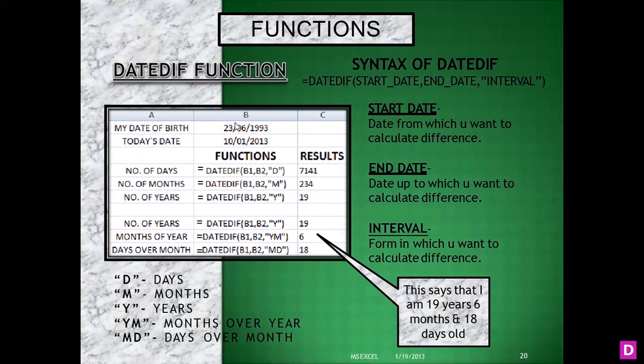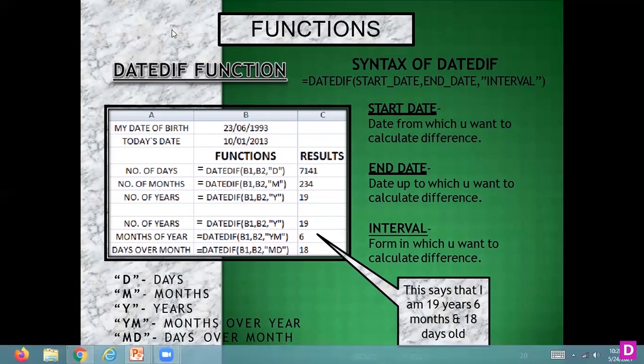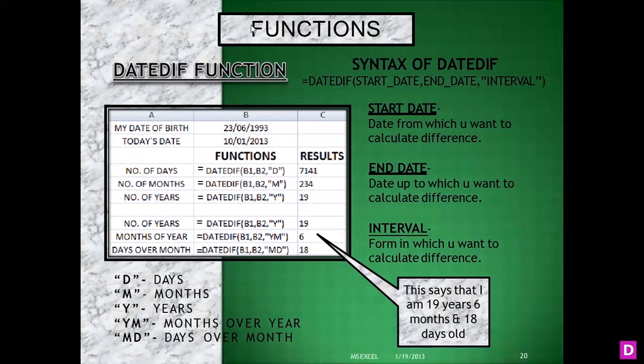This is YM, then MD. D, M, Y, YM, MD. That's why we use them. After the completion of 19 years, 6 months are complete, and after 6 months, 18 days are complete.